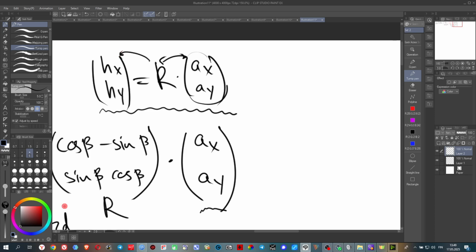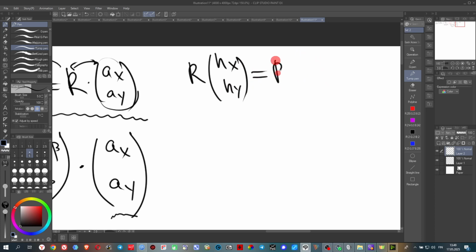So let's multiply it once more by R from both sides. We make it like this: R times hx hy equals R times ax ay. So what do we see here? We take the new vector hx hy, basically vector h, and multiply it from the left side by matrix R. Basically, we rotate the new vector by 45 degrees.